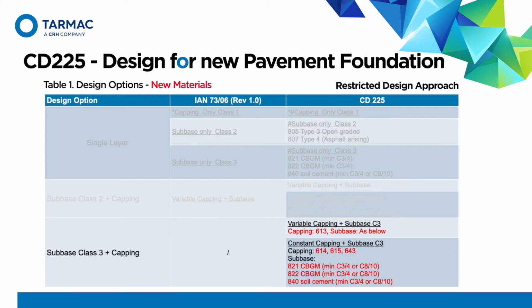And for the sub-base, you will have the normal class 3 in addition to CBGM, C3/4 or C8/10, 821, 822, and 840 as shown in the table. So anything in red is in addition to the already approved material for class 3.